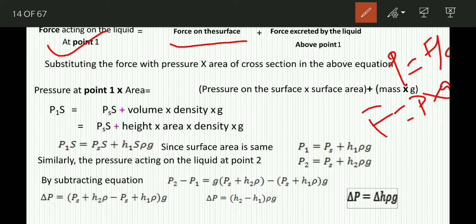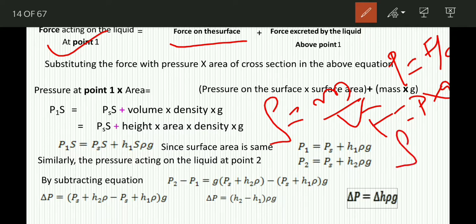You know that density equals mass upon volume, so mass equals density into volume. Here mass is substituted with volume into density. Now in the next equation we can write volume as height into area. So the equation becomes PS S plus height into area into density into acceleration due to gravity.